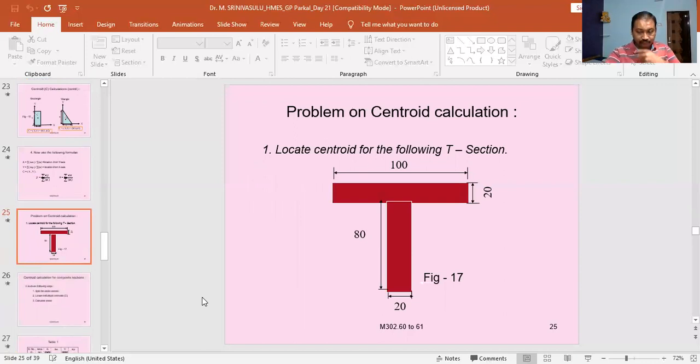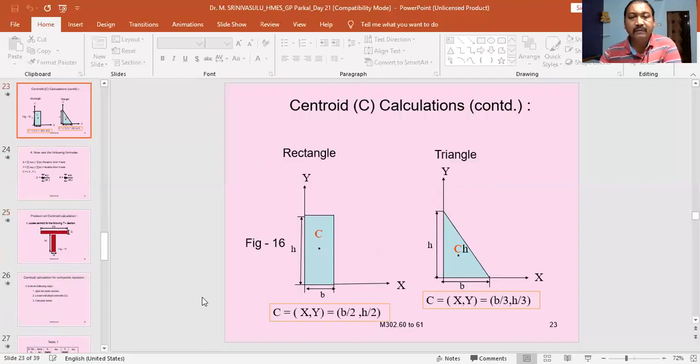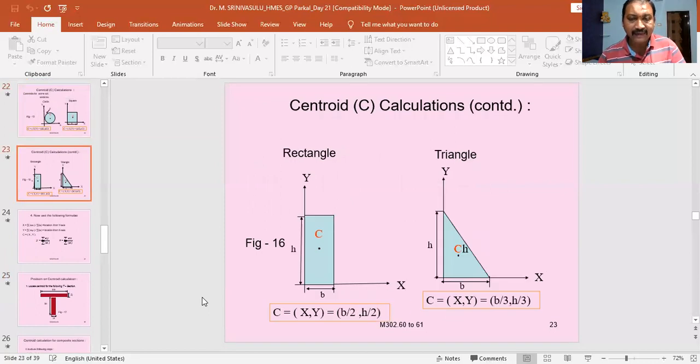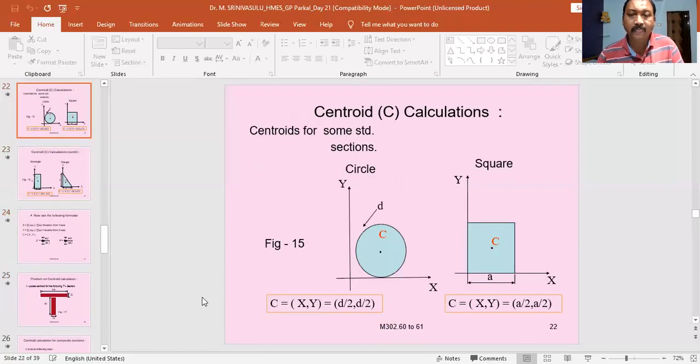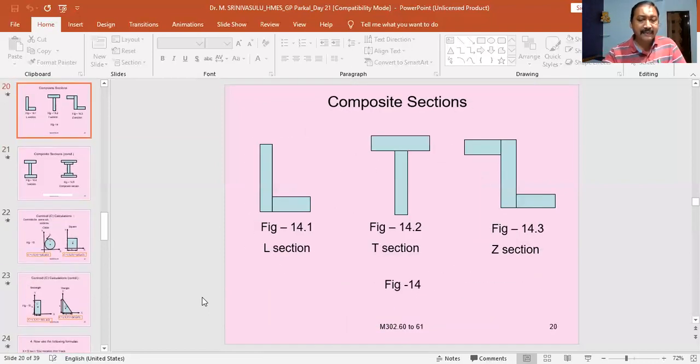Now, whenever some complex figure is given, like the T section or L section or Z section, the first step is we should divide that complex section into a number of simple sections or standard areas.